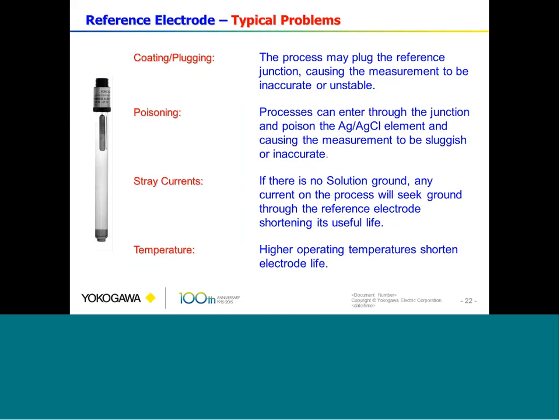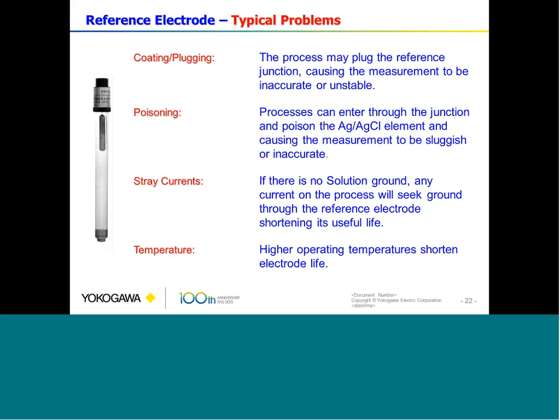So some of the typical problems we've looked at for reference electrodes are plugging and poisoning, and in pure water, there's something called stray currents. Because the electrode is a lower resistance electrode, if there are stray currents on the process, it's the path of least resistance, and so those stray currents go to the reference electrode, causing noise and shortening its life.